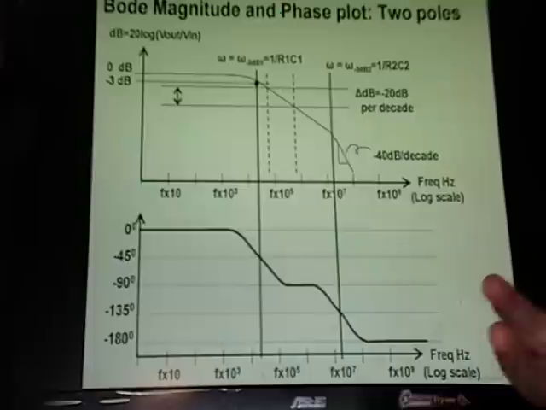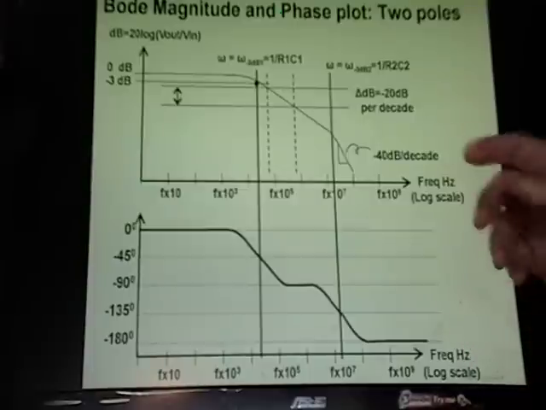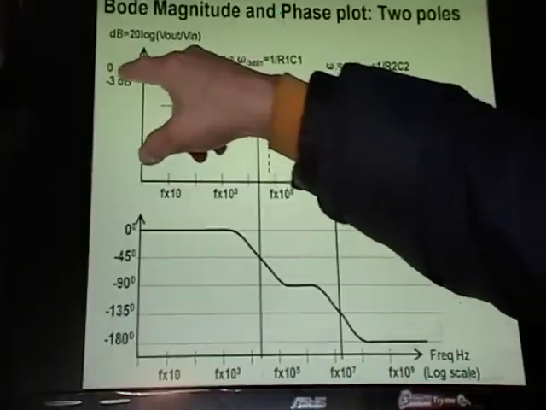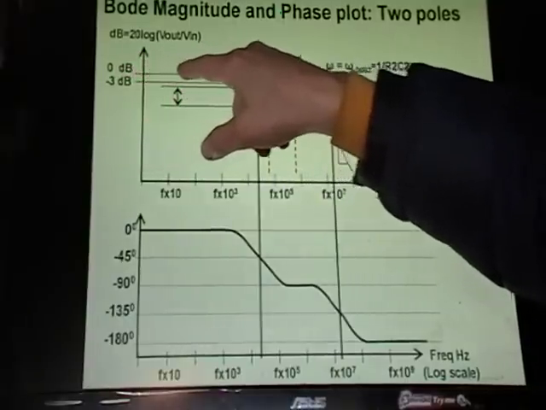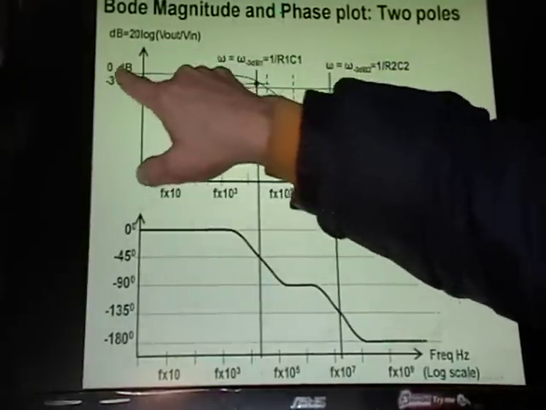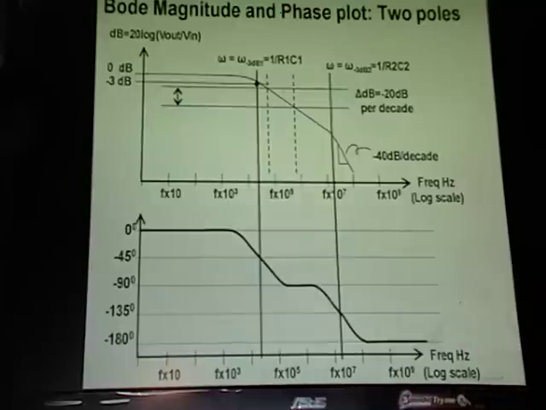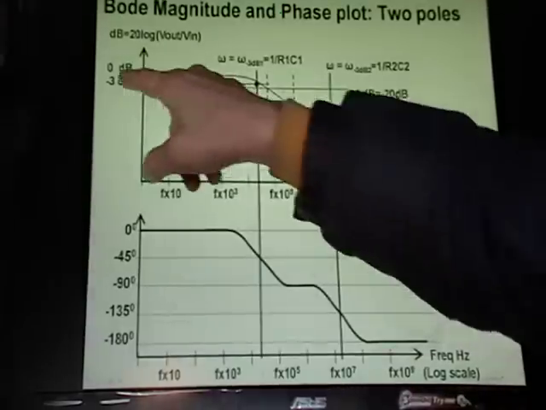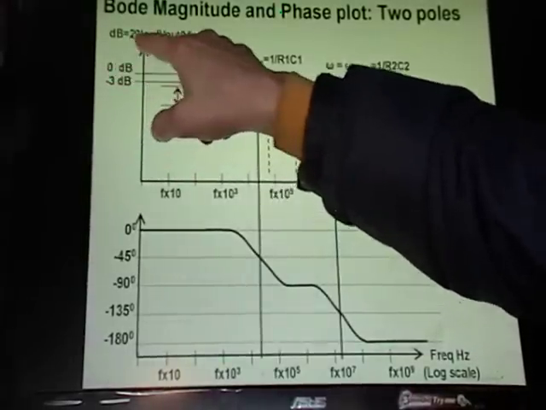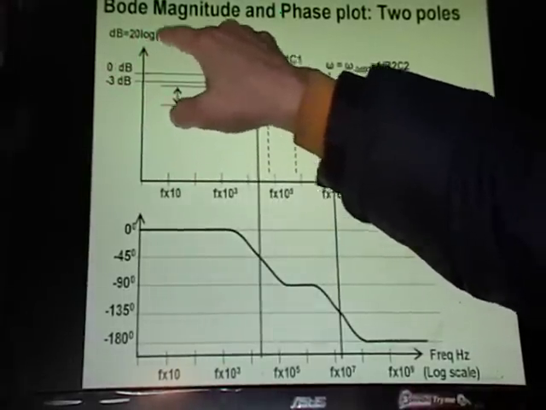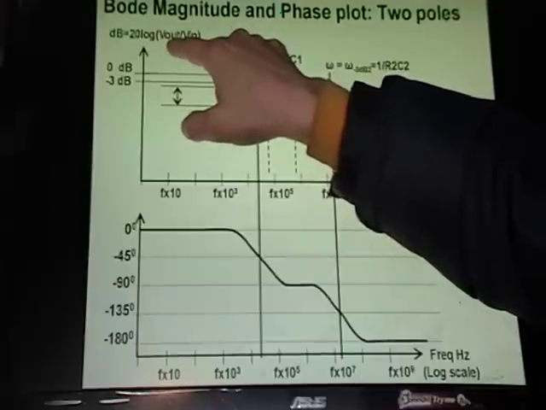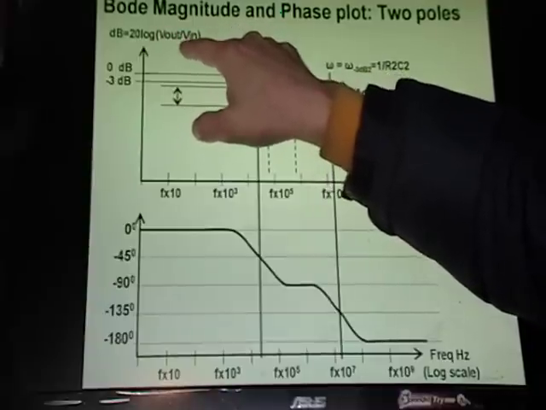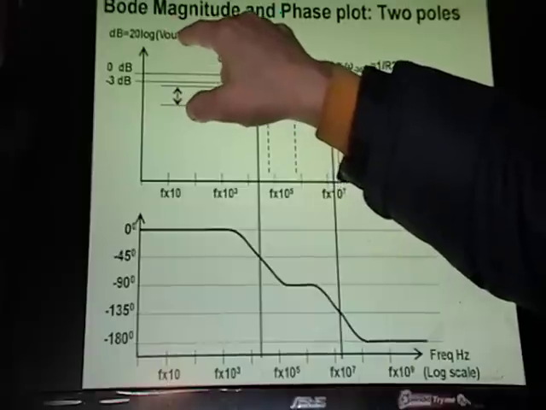So, for example, for a common emitter, you get gm R out, and so this would be 20 log of gm R out. But this 0 dB is only for a filter. Again, for an amplifier, this would be 20 log of whatever your gain is, which again for a common emitter is gm R out.